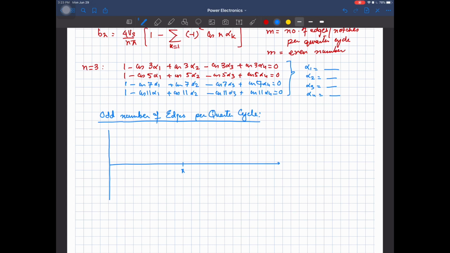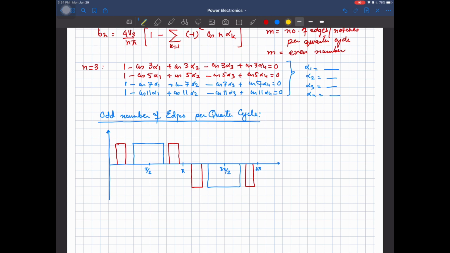Let's suppose that this is the half cycle point, this is 2 pi, and this one is the center point of this part. Now let's first draw a pulse centered at pi by 2 and centered at 3 pi by 2, and let's draw another set of pulses over here like this. The same pulse will be drawn over here, and over here.